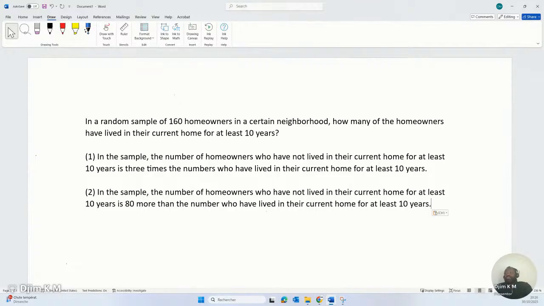Okay, so we have the number of homeowners, 160. And we are looking for how many homeowners have lived in their current home for at least, so at least that will be 10 years or more.